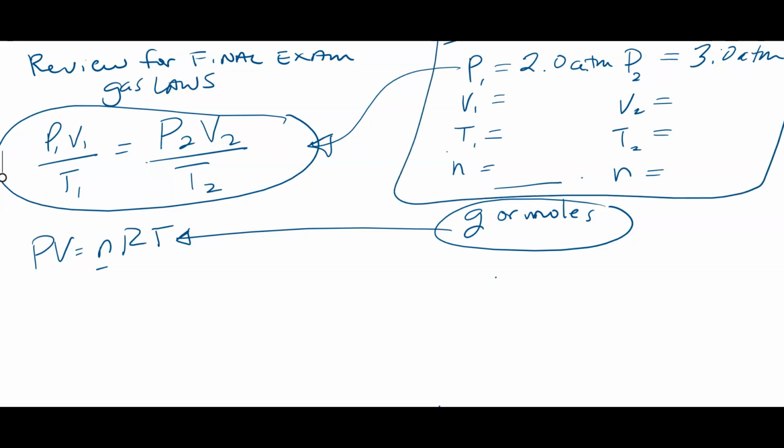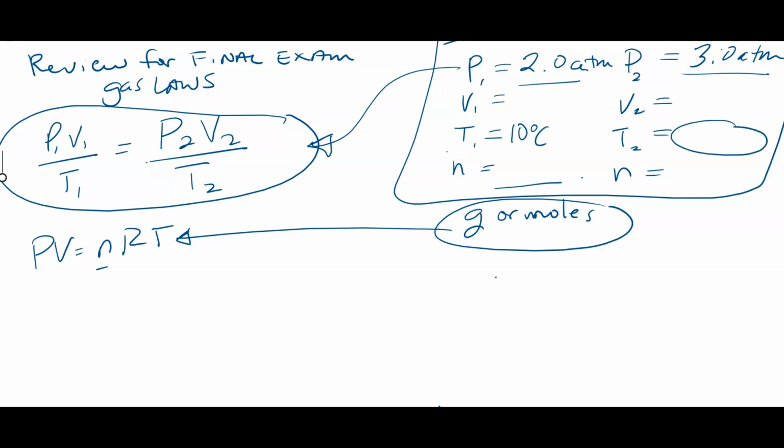If you see changes from one thing to another, like pressure or volume or temperature, use that P1, V1, T1 formula. Okay. So say they gave me this pressure of 2 and then it changed to 3, and say they gave me a temperature of 10 degrees and they want to know this guy.